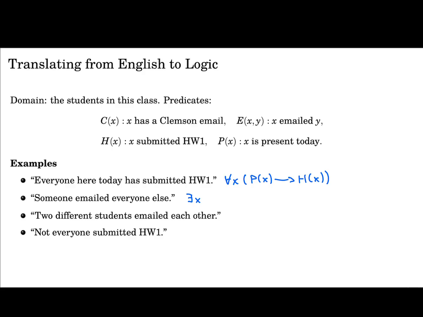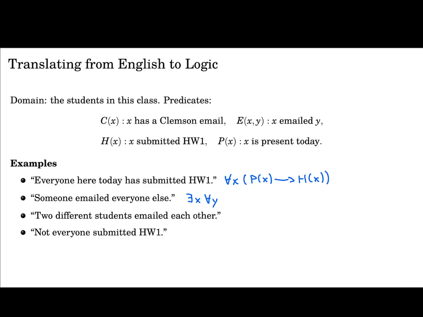So that means that for every, and now I need a different variable, because it's not there exists X and then for every X. It's there exists an X such that for every Y, that person emailed them.